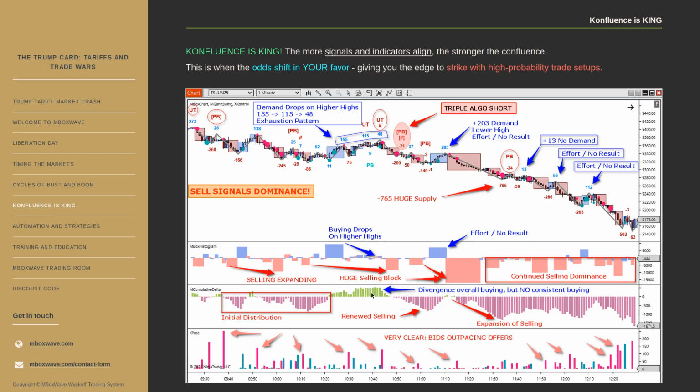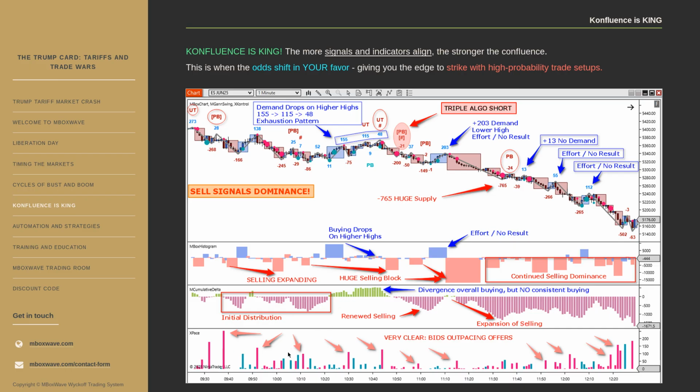So this highlights the difference between the cumulative delta and the MBox histogram. Here we have overall buying, but here we have no consistent buying. That's a divergence, right? Again, they don't match up. This doesn't match up with this, which makes this a question mark, meaning you would not want to be long. It points towards a bearish picture.